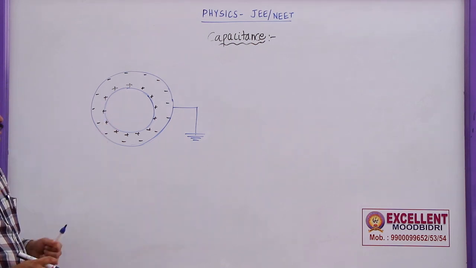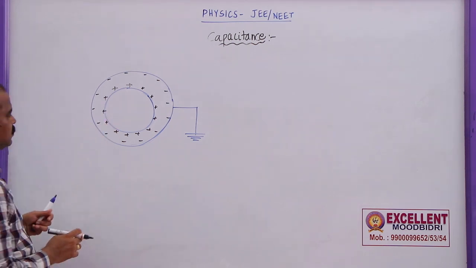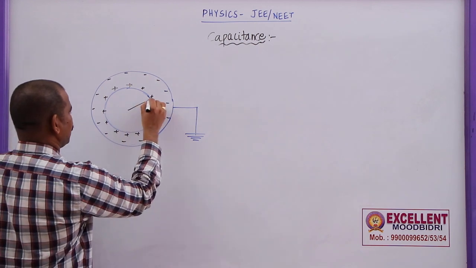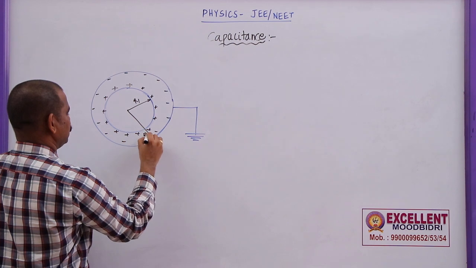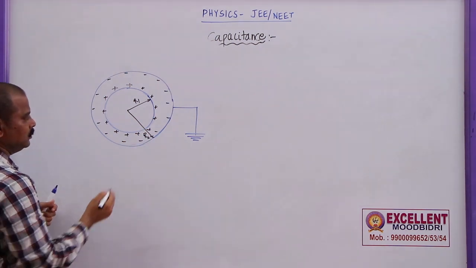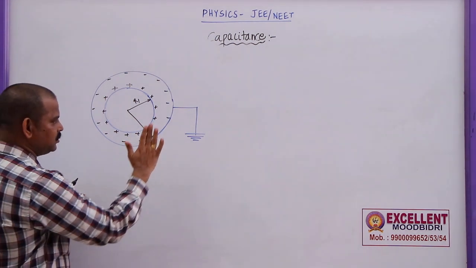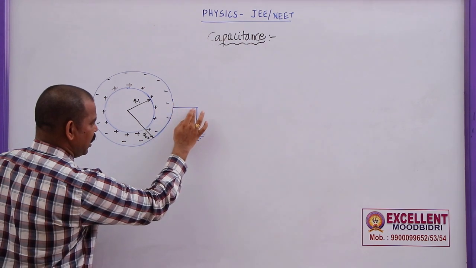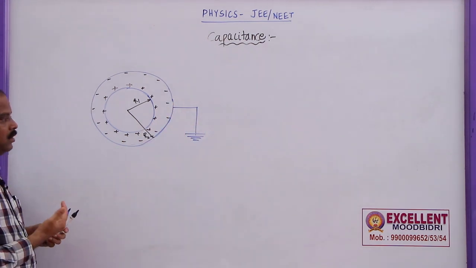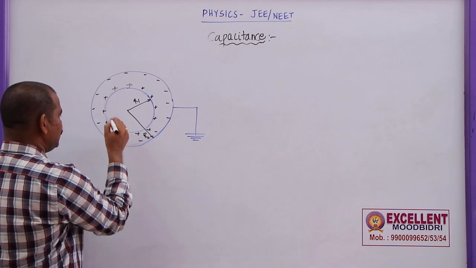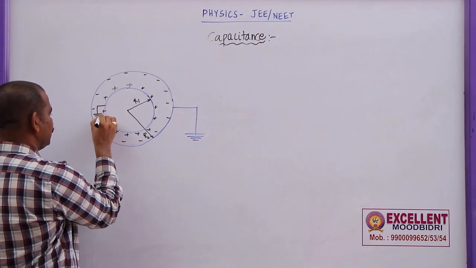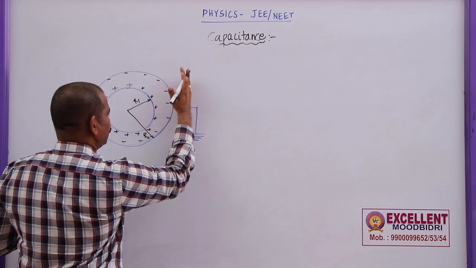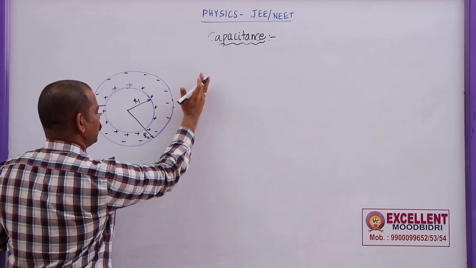In the same case, if you see this capacitor, this is a spherical capacitor of radius r1 and this radius is r2. In the same case, suppose instead of earthing the outer surface, suppose you earth the inner sphere here like this. Here, let us say the inner sphere is earthed and the charge was given to the outer surface.